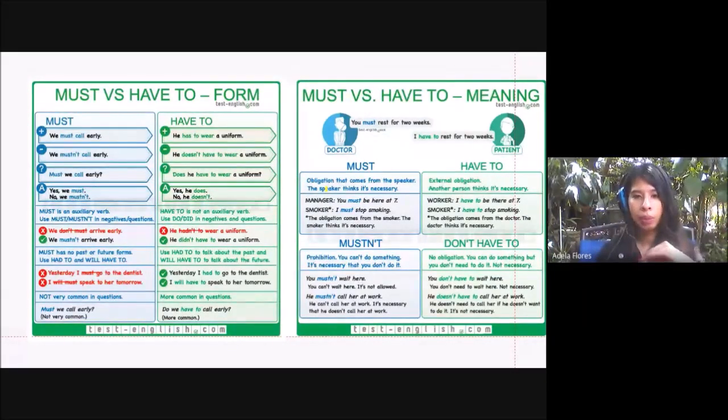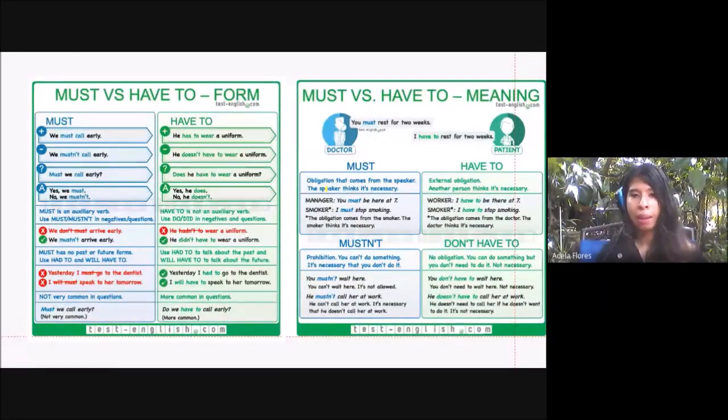For example, I say, you must be here at 7. Okay. Es una obligación fuerte y es una obligación que indica que a quien le están diciendo que tiene que estar ahí a las 7 debe considerar como necesaria. O sea, sí o sí porque le conviene.